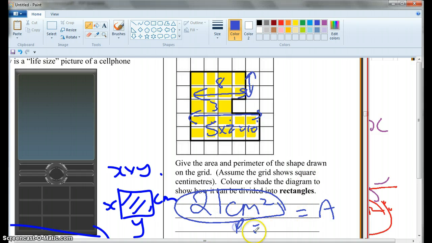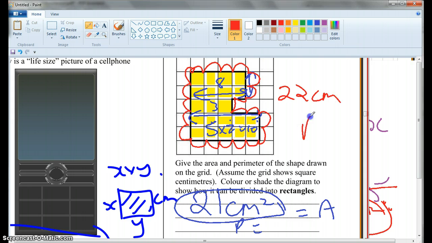What's the perimeter equal to? Okay, 1, 2, 3, up to 22. 22 centimetres is the perimeter. Otherwise we could add 4 plus 2 plus, you know what I mean.